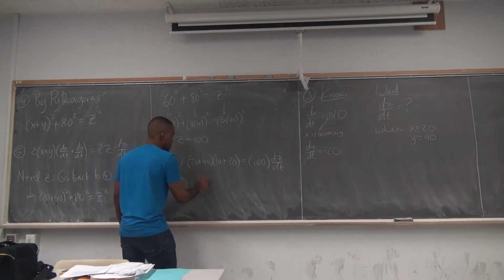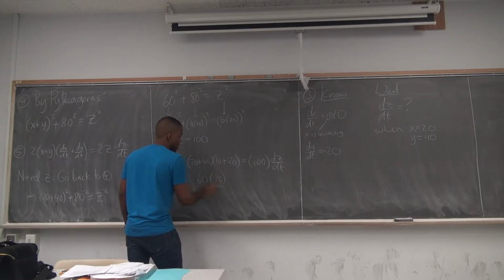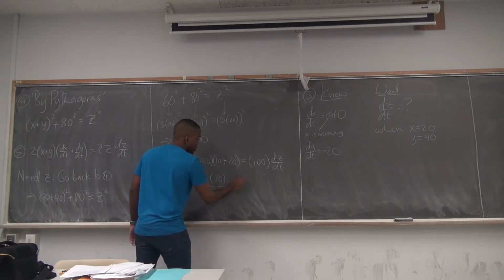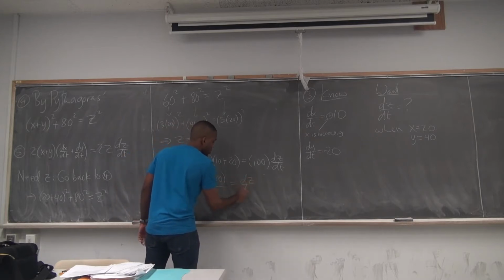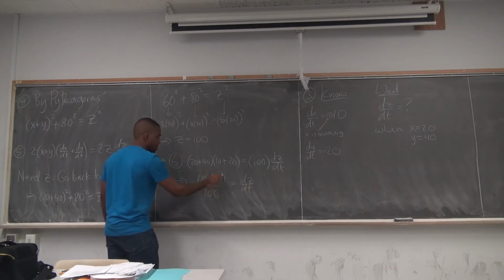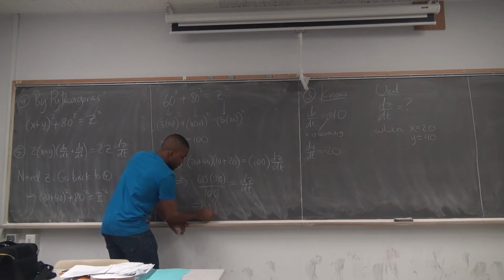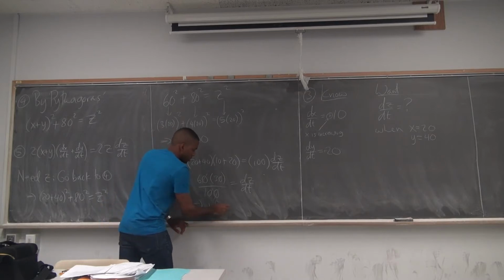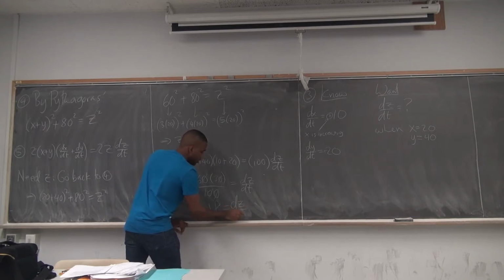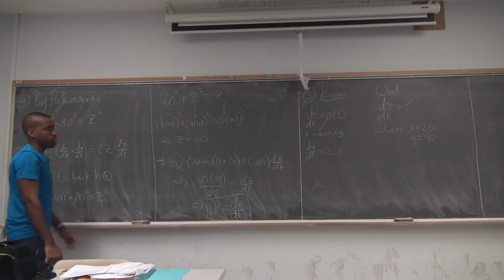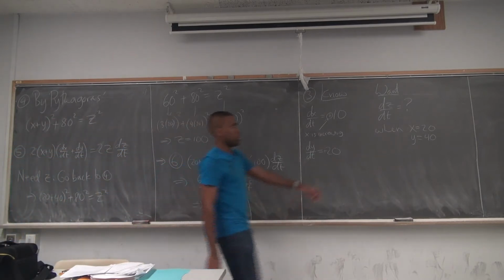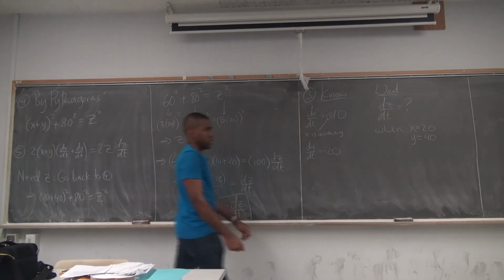So this is just 60 times 30 over 100 equals dz dt. So what is that? 18? 18 miles per hour is dz dt. I don't really care about the units, but it would be miles per hour. And I'll check that that's what I wanted to find, so we're good.